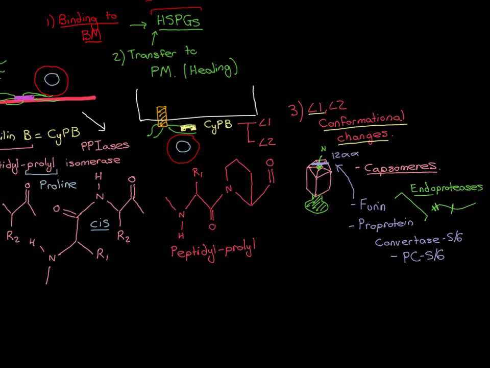They can't cut peptide bonds right in the middle of polypeptides, whereas endoproteases can. So when cyclophilin B causes this conformational change in L2 that exposes its amino terminus, furin and proprotein convertase 5/6 cleave off the first 12 amino acids. This fragment goes off, and L2 is left without those first 12 amino acids.